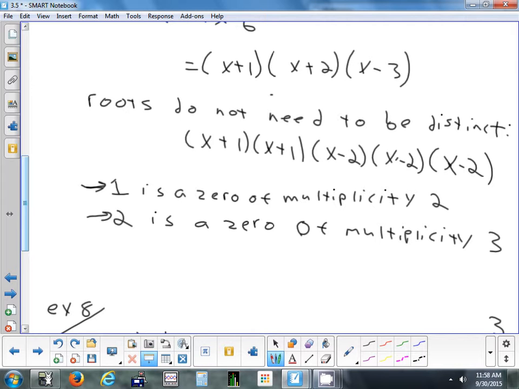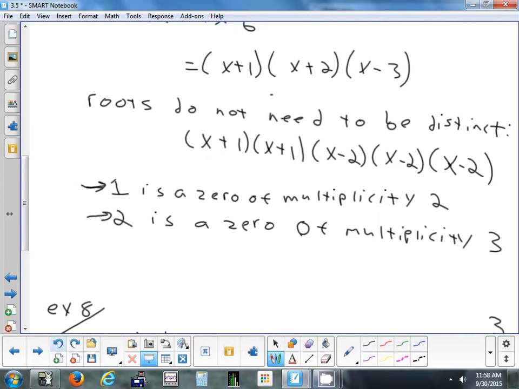Wait, so when you say that, do you mean like, if something has x minus 2 to the second, then 2 makes this factor 0, makes that factor 0, and makes that factor 0. So is that just talking about that problem alone?